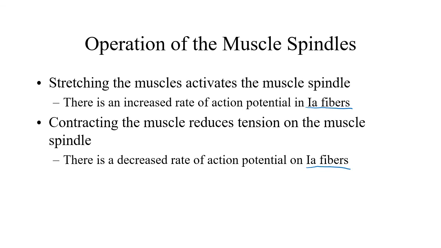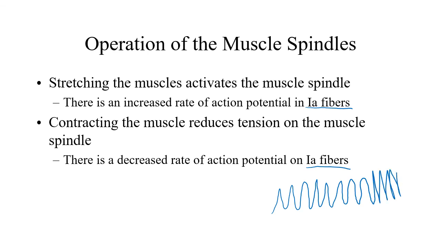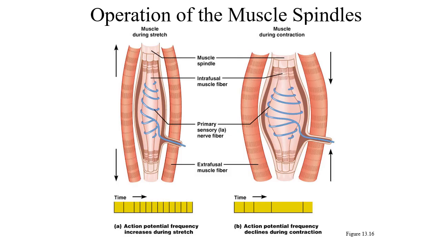And so we're simply going to change the number of action potentials that are occurring. And so when the muscle is allowed to be relaxed, it's going to have a particular amount of action potentials. And then as we contract the muscle, those action potentials increase. And so we're just simply increasing the amount of information that is firing at any given time on those. So stretch the muscle out, and we get an increase in action potentials. Shorten the muscle, contract that muscle, and we get a decrease in those action potentials being fired as well.